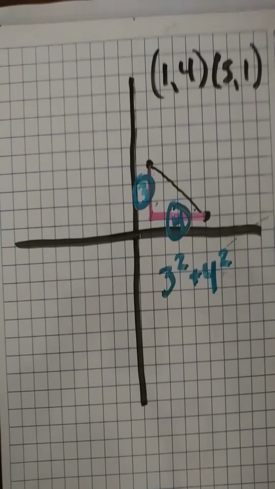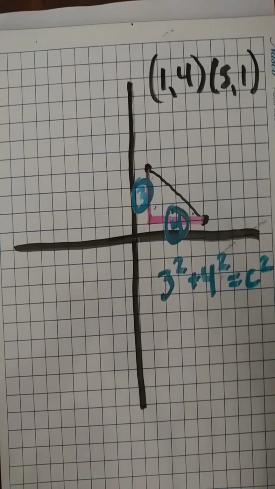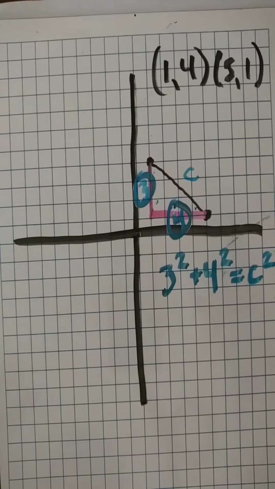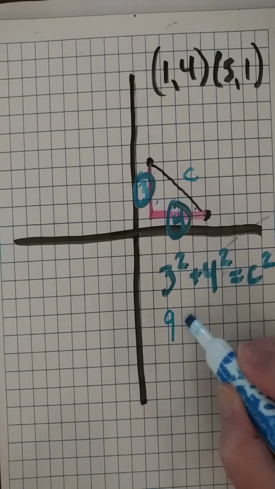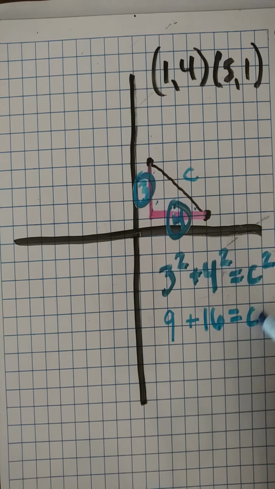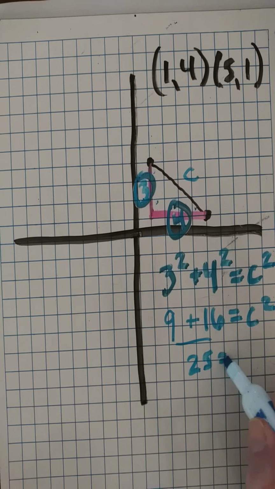Remember, it doesn't matter if you put the 4 first. And it will equal c squared, because that's what we're looking for, this long side here. That's the c. So 3 squared is 9. 4 squared is 16, still equal to c squared. We don't know what that is yet. So I'm going to add together 9 and 16, which is 25.